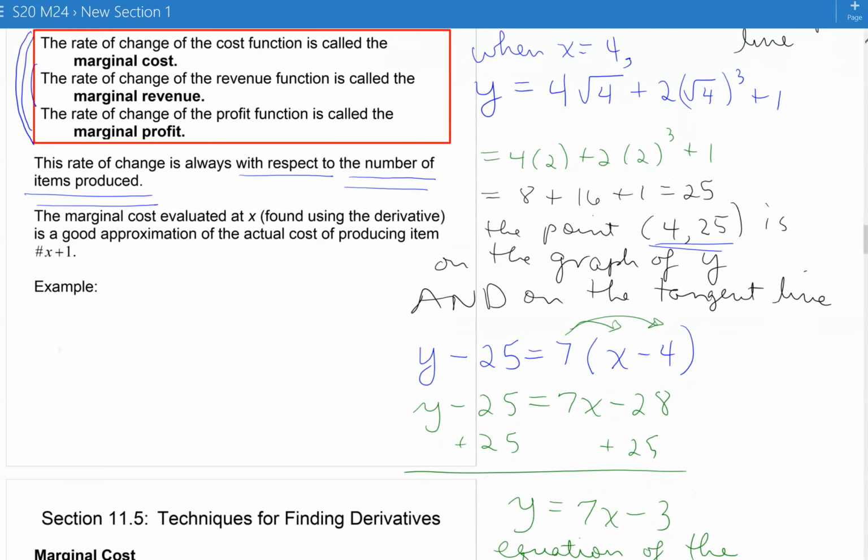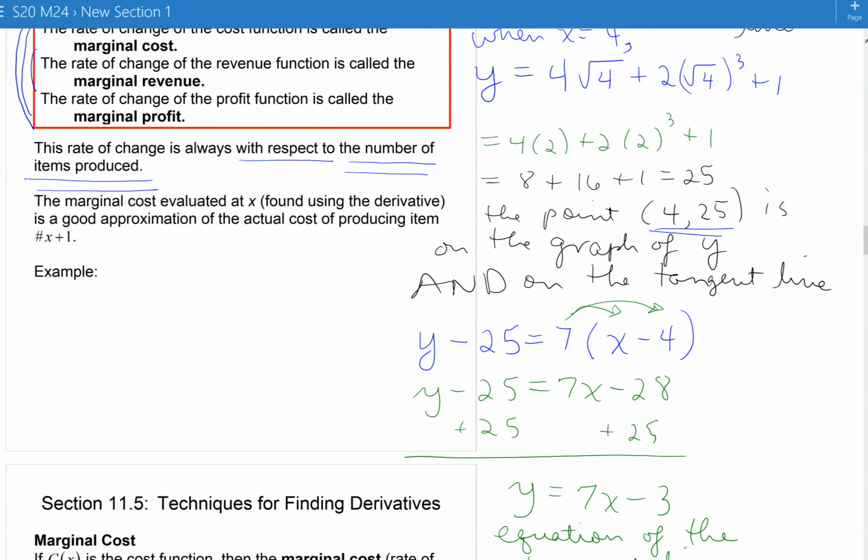So the marginal cost evaluated at x, which is found using the derivative, is a good approximation of the actual cost of producing the next item. So if I write C prime of 50, this is the marginal cost evaluated at 50.